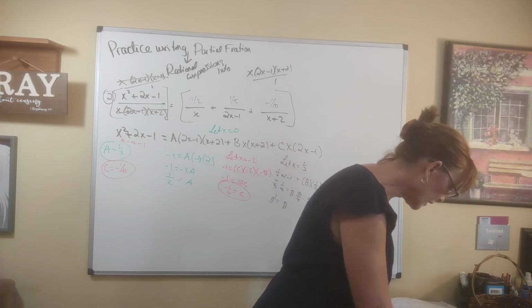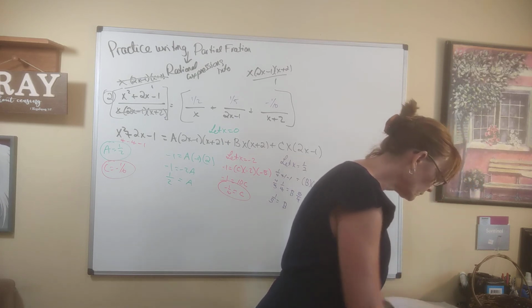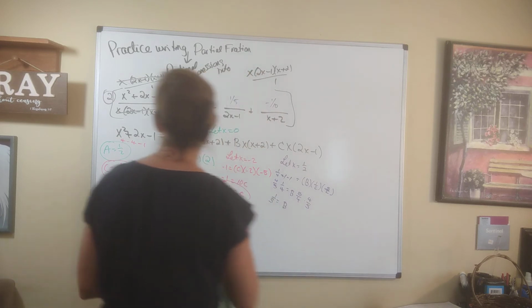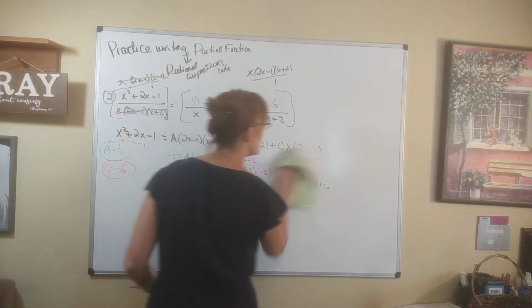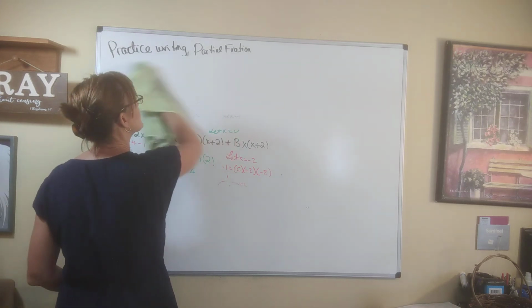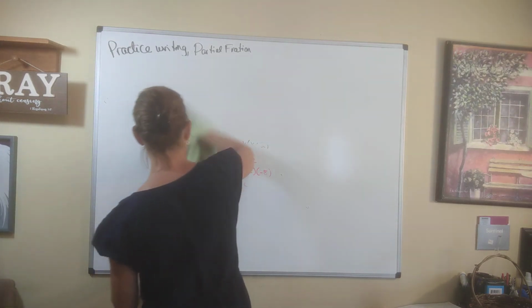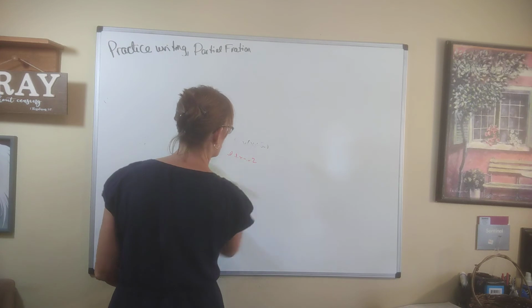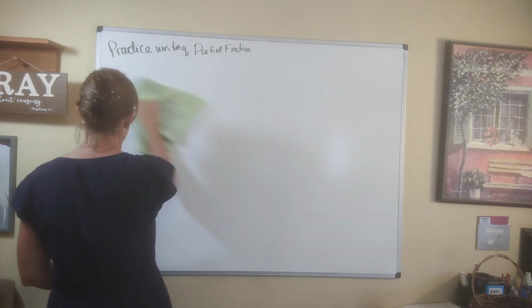Last one we're going to do is number 4. And it's this crazy guy. So let's look. It's kind of long. Hopefully not too long, though. Let's do this one.